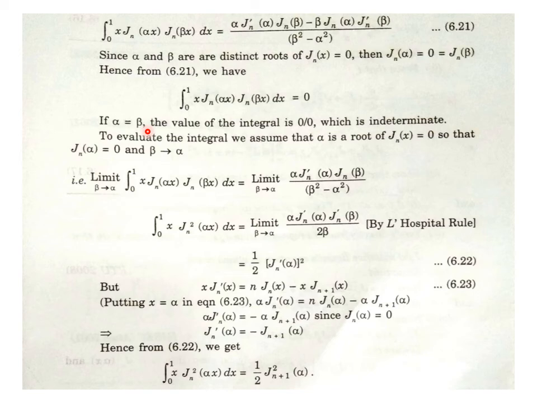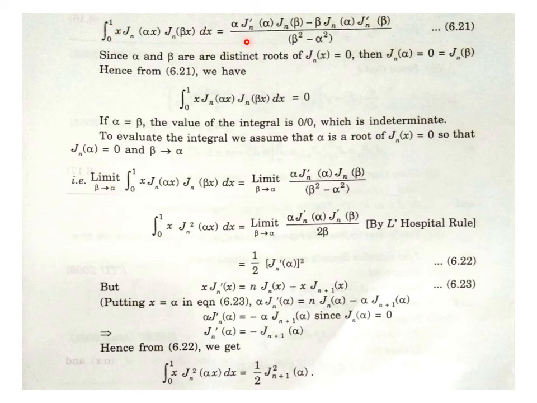How? We say that beta tends to alpha, and we are taking only one root. Alpha is a root of J_n(x) equals 0, so J_n(alpha) equals 0, and beta is approaching alpha. So we are taking that limit over both sides of equation 6.21.